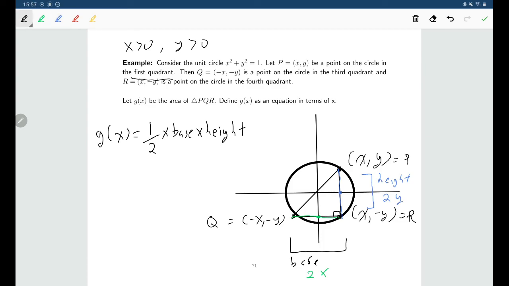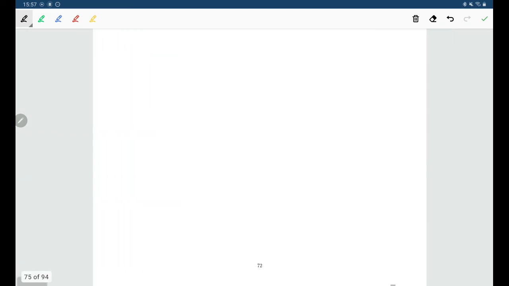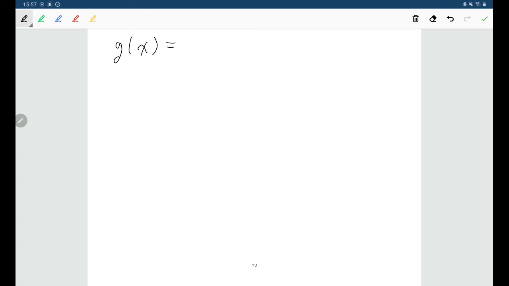So that means that g of x should be half times 2x times 2y. Okay, so let's continue this on the next slide. I'm just going to simplify what we have here. Half times 2x times 2y, the half and one of the 2's cancel, leaving me with 2xy.